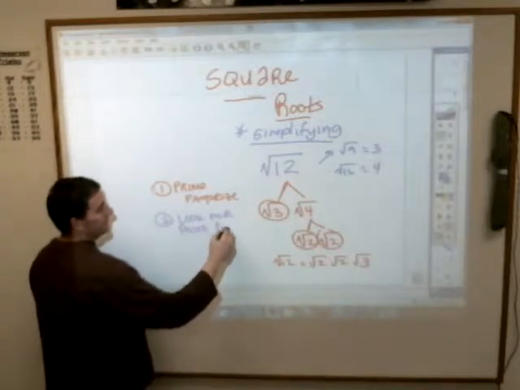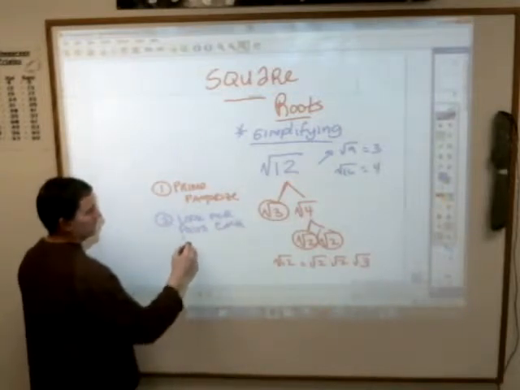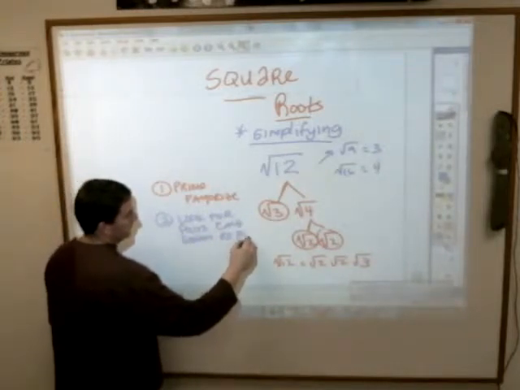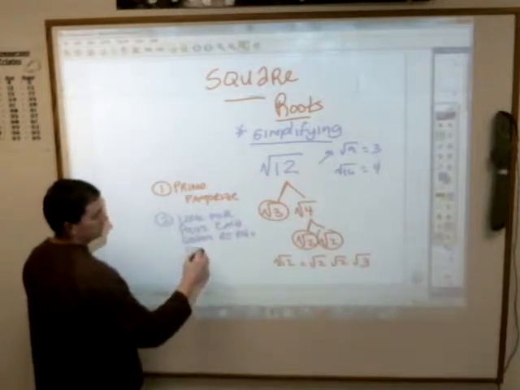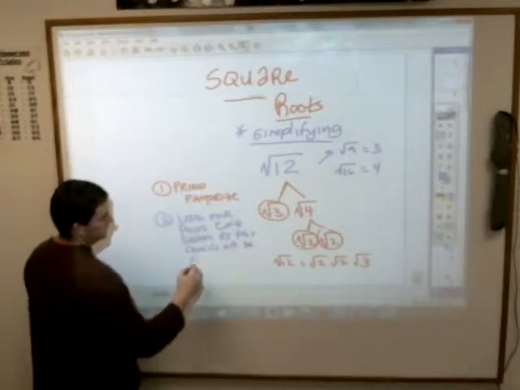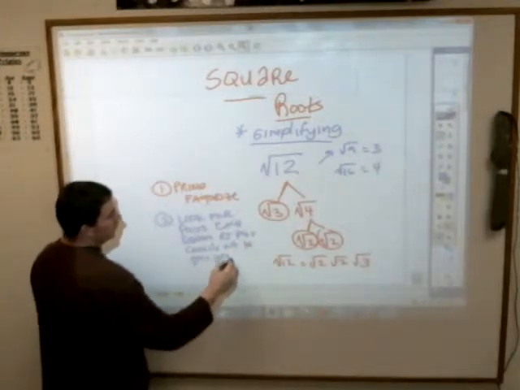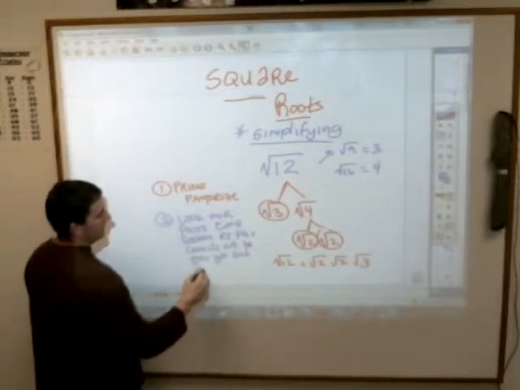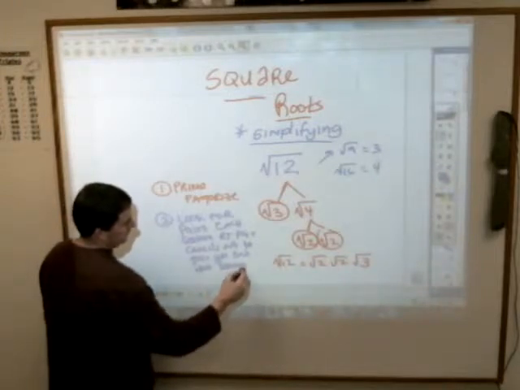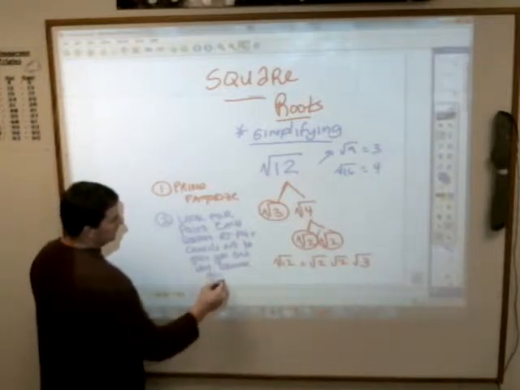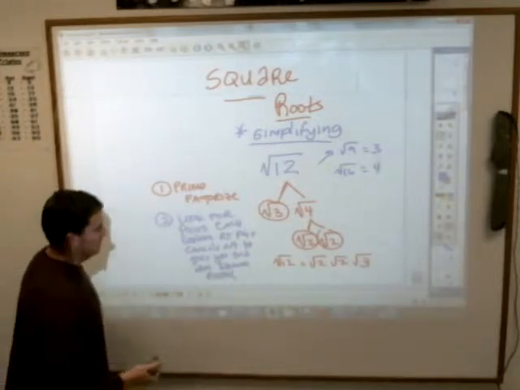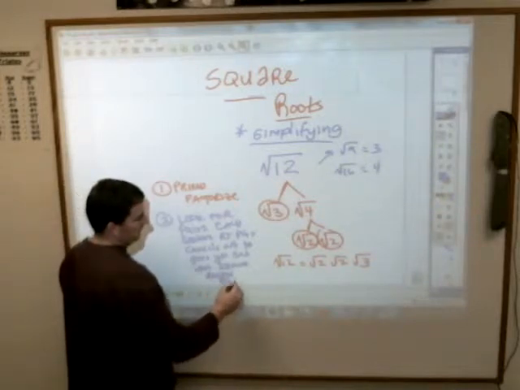And what happens is each square root pair cancels out to give you one non-square rooted number. I guess we should call it one non-square rooted, what is that number called under the radical sign? The radicand? I guess it is. Radicand.